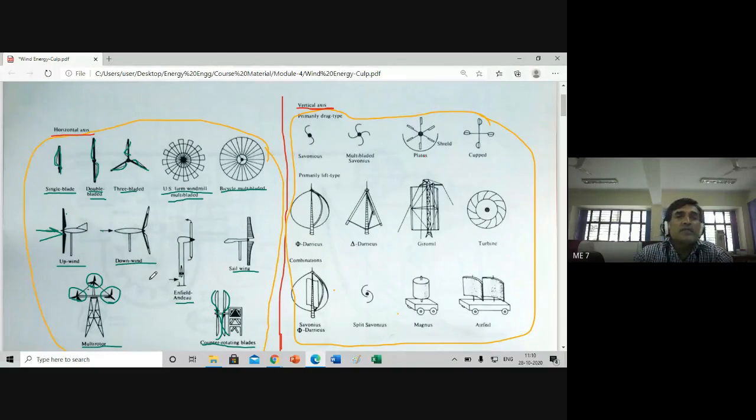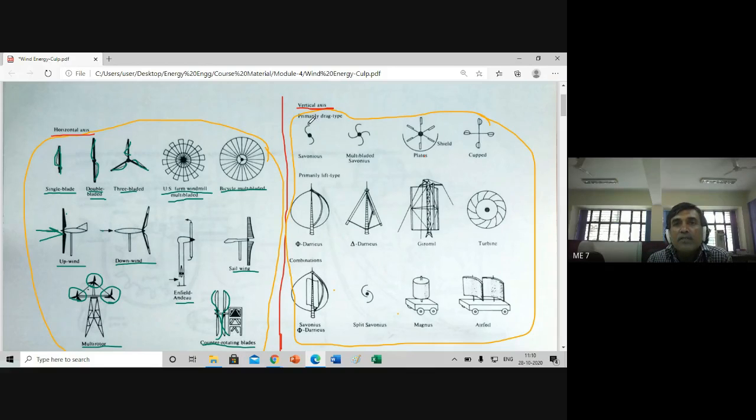These types of blades are suitable for the horizontal axis wind turbine. Now let us come to the vertical axis wind turbine. Basically, horizontal axis and vertical axis means if the turbine generator assembly axis is horizontal, then it is called the horizontal axis wind turbine. If that axis is vertical, then it is called the vertical axis wind turbine. That's all.